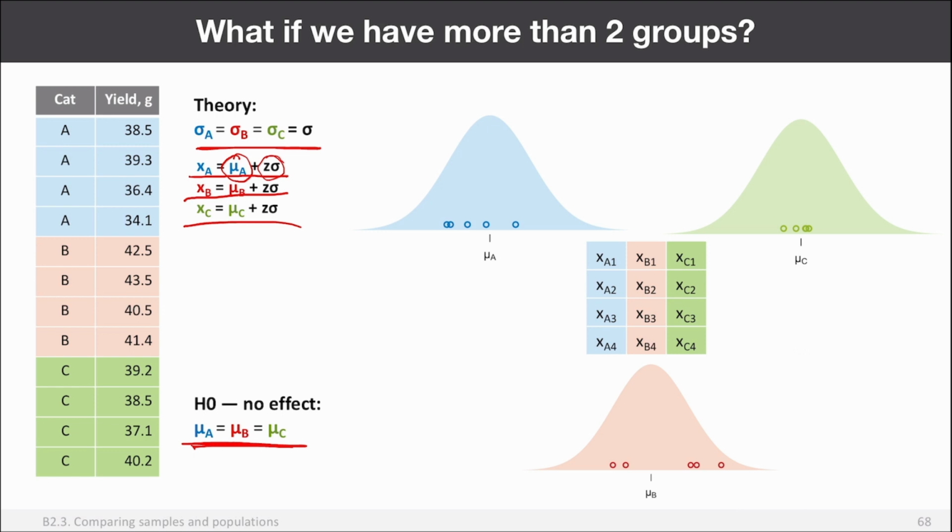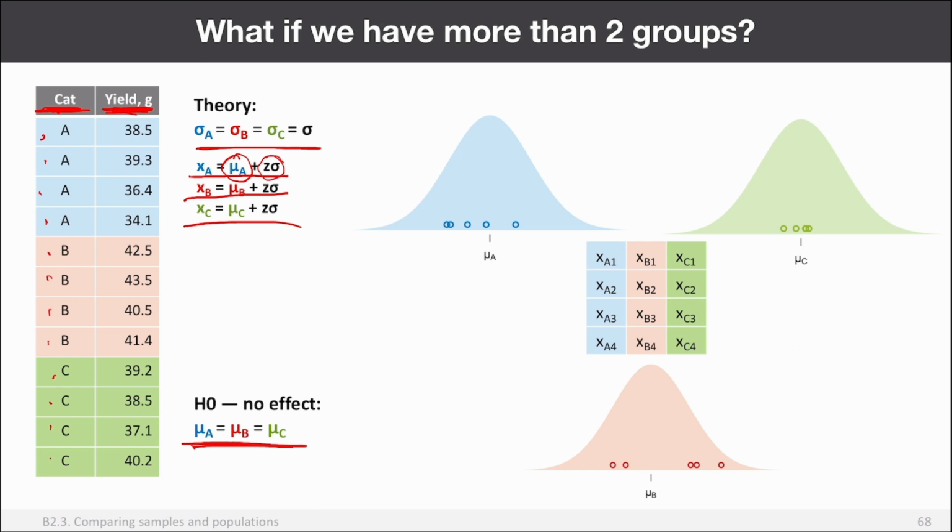I forgot to mention that in this case, I will use another example. It's not about popcorn. I run a chemical reaction with three different catalyst types. This is catalyst A, this is catalyst B, and this is catalyst C. And the outcome, the response, is the yield. It's how many grams of final product I get after I run this reaction with a particular catalyst.